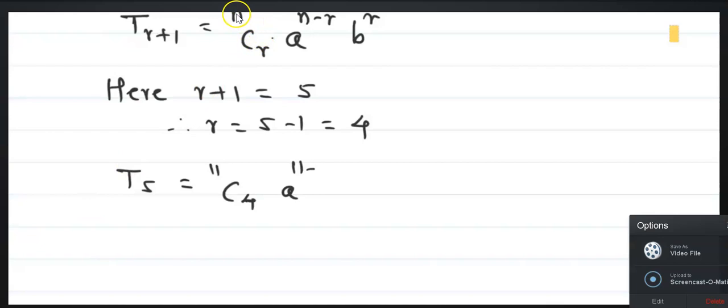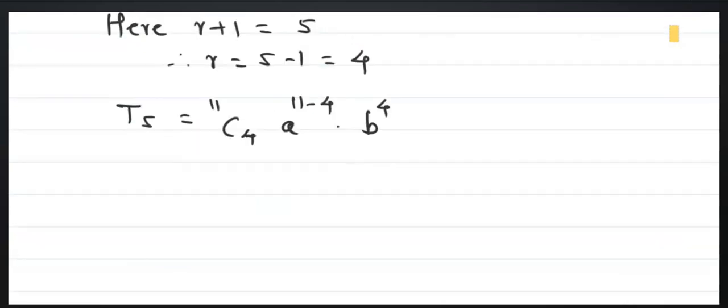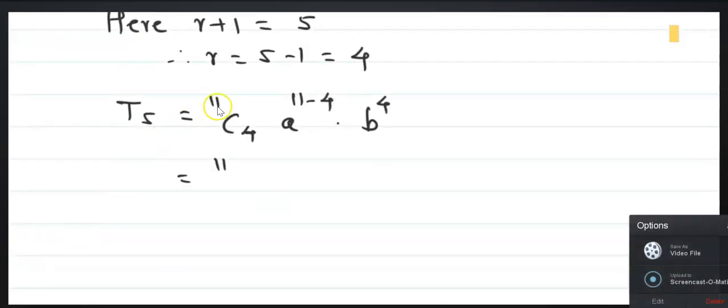Therefore, t5 is equal to, now substitute the values here. That is n is equal to 11, 11C4, a raised to 11 minus 4, b raised to 4. This is the formula, that is 11C4, a raised to 11 minus 4 and b raised to 4.